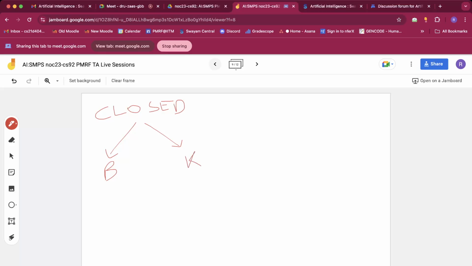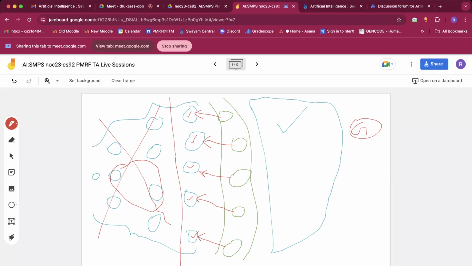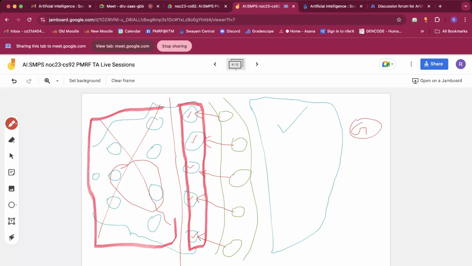Okay, in this example, all of these nodes would form our boundary of the closed list, and all of these nodes would form the kernel of the closed list. If we have to define it formally, boundary nodes are those nodes that are connected to the open list nodes by at least one edge or one connection.